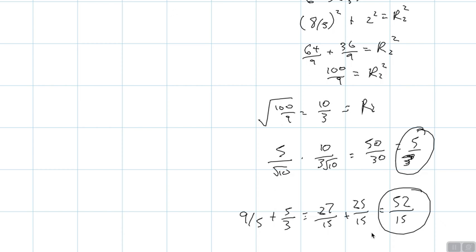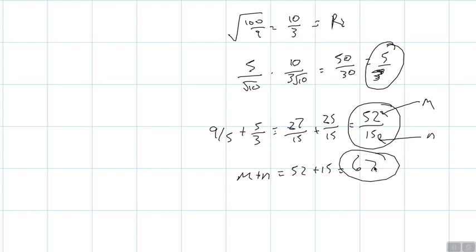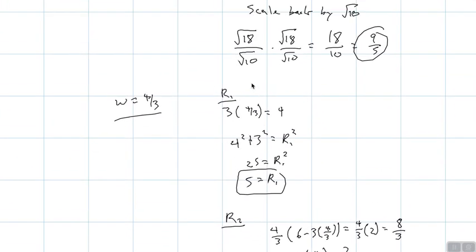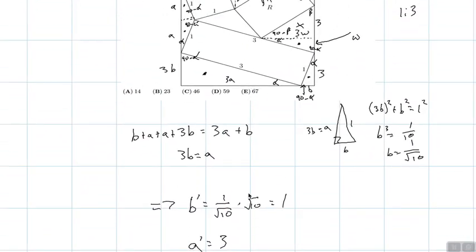That's the sum of all possible values of R. And these are relatively prime, so this is M, that's N. And the problem's asking us for what's M plus N. That is 52 plus 15, which is 67, which is our answer. So the answer is choice E.